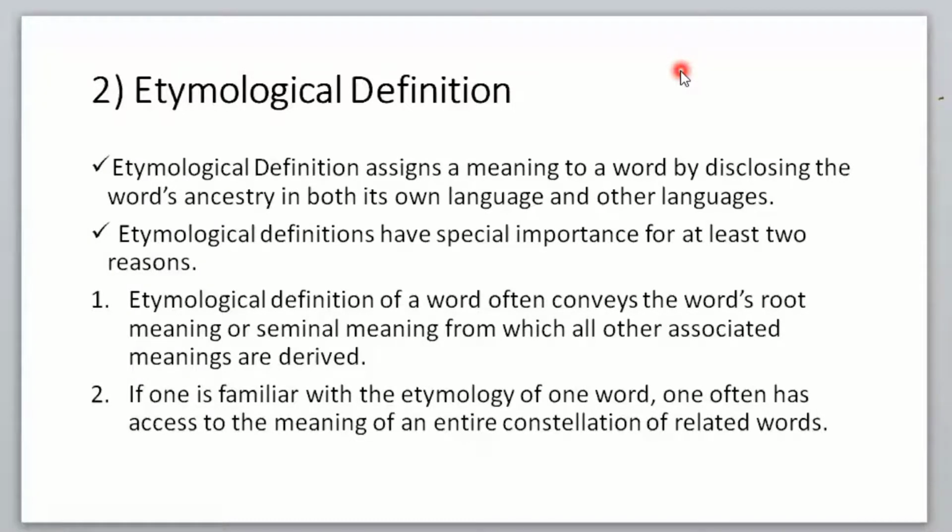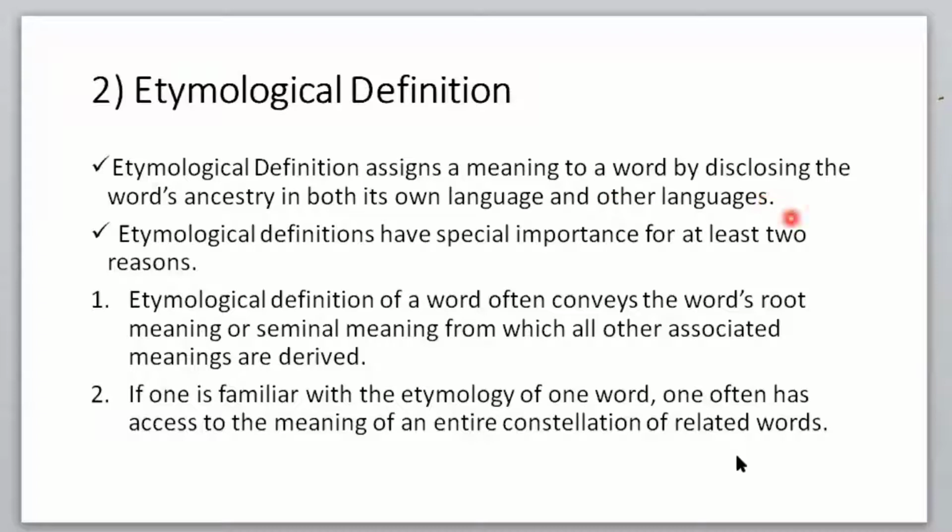So etymological definition is nothing but defining a term by looking at the origin, the history, and the development of that word from the very beginning. Etymological definition is assigning a meaning to a word by disclosing the word's ancestor in both its own language or in another language.